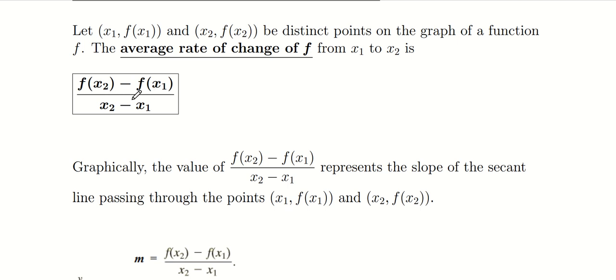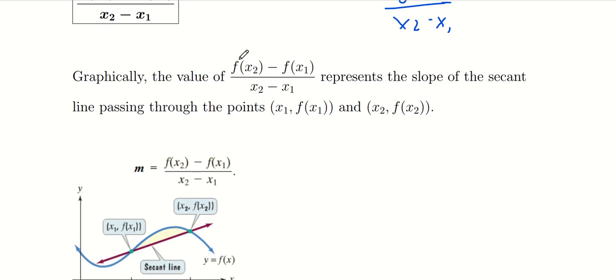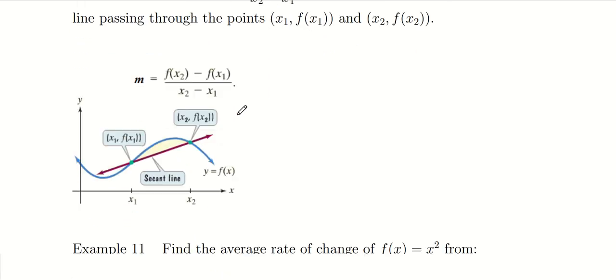That formula might sound a little bit familiar, like y2 minus y1 divided by x2 minus x1. Some of you might remember that from an earlier class as being the slope of a straight line connecting 2 points. And graphically, this average rate of change represents the slope of the secant line that passes through the 2 points.